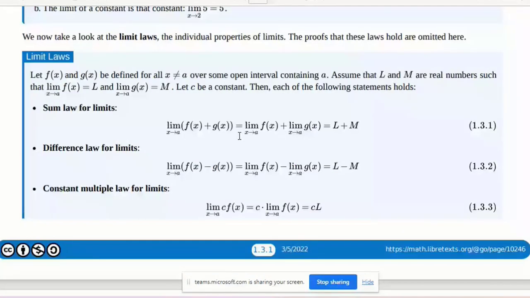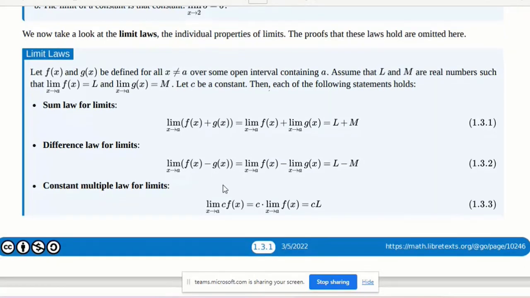Now, the limit laws. These are in your study guide. For the sum, the limit of f of x plus g of x as x approaches a is the same as the limit of f of x plus the limit of g of x, which is equal to L plus M. The difference is the same.